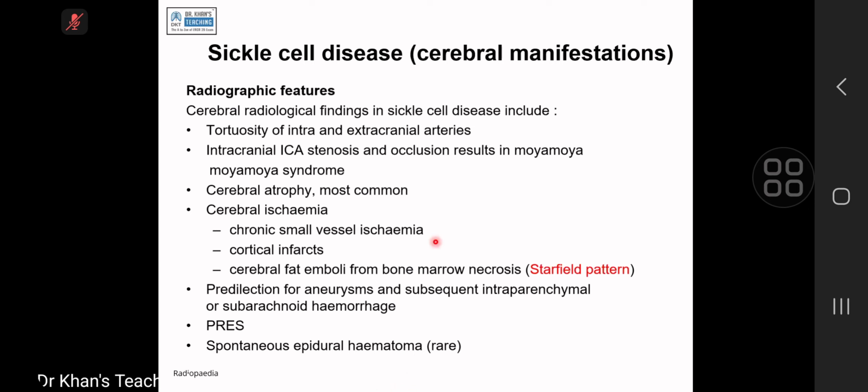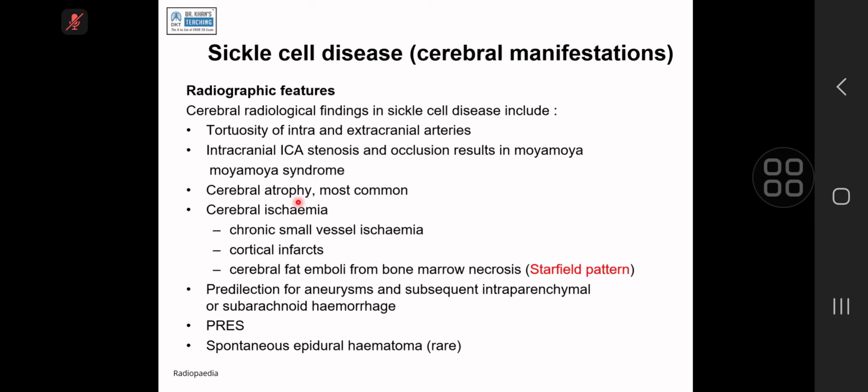Now, these are the radiological features of sickle cell disease, the cerebral radiological features. Some of the vessels can be tortuous. There can be stenosis of the ICA and a secondary moyamoya pattern. Cerebral atrophy, and you will agree the case which we were seeing had a lot of atrophy.